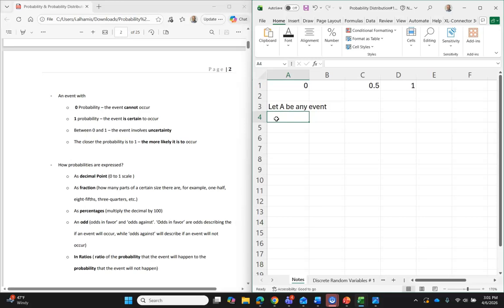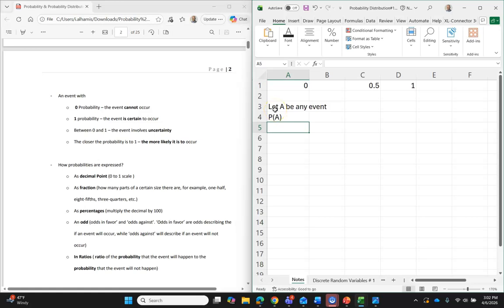Passing your exam is an event. Or doing a business is an event. Making profit is an event. Sports, let's say, scoring a goal is an event, and so forth. So let A be any event. We can write probability of this event as follows. We can write probability of event A. So this one, we don't read it as PA, but we call it probability of event A.